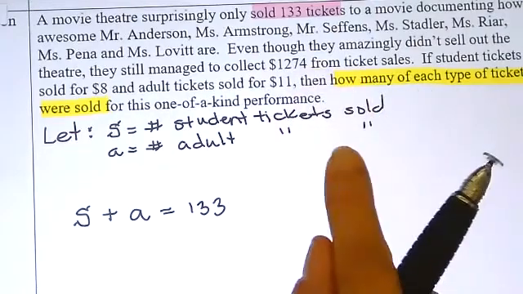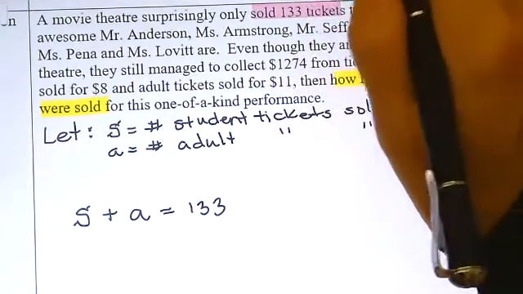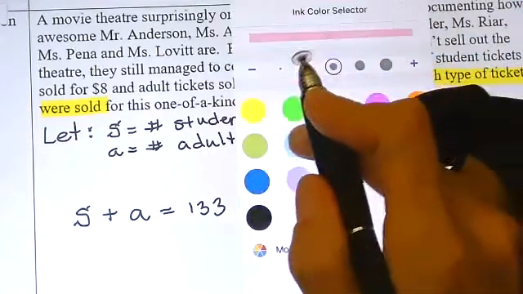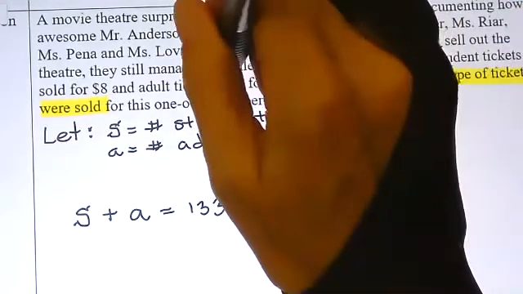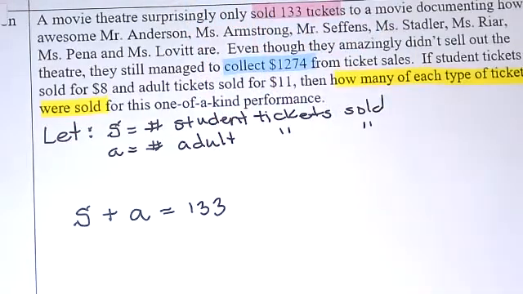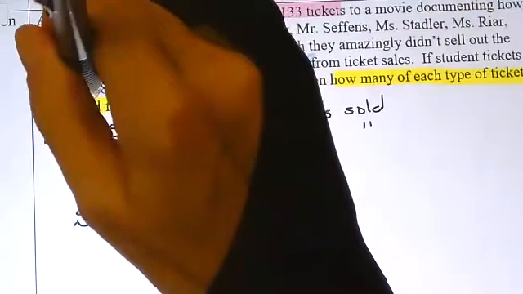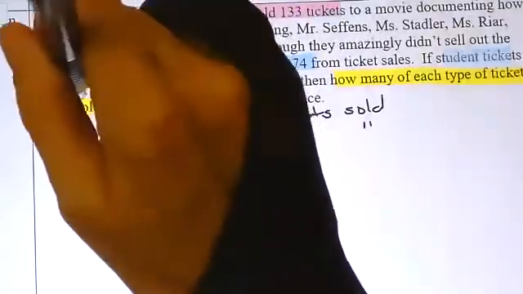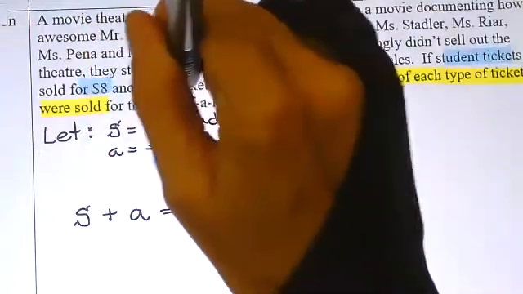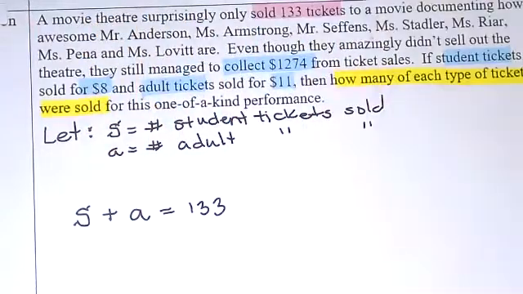Now the other information in here is about the money. So it's how much money they collected. They collected a total of $1,274. That $1,274 was calculated by student tickets for $8 each and adult tickets for $11 each.